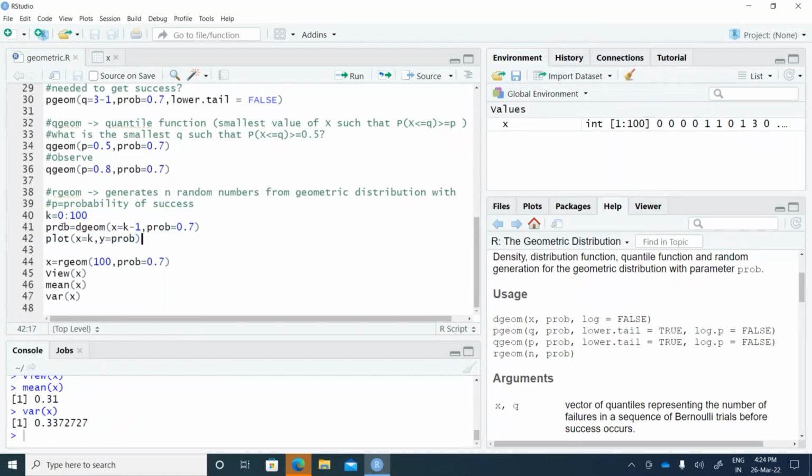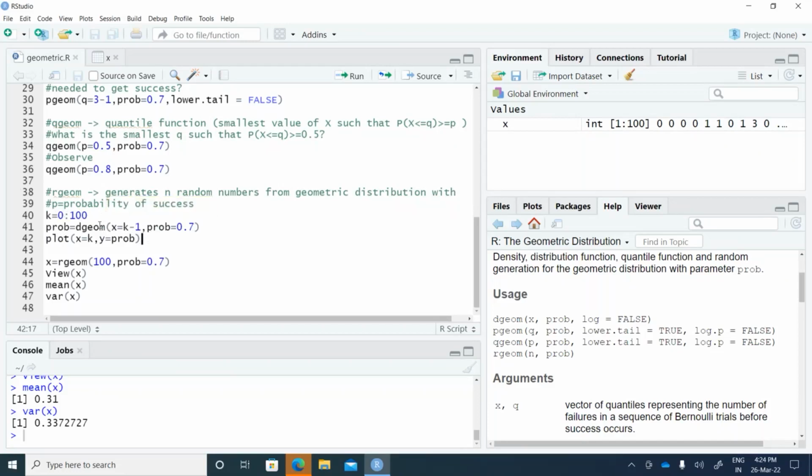Suppose taking again 100 data points, 0 to 100. They are actually 101, but anyway, in dgeom, if I'm trying to get the probability distribution, x would be taking k minus 1 value with probability equal to 0.7. This is the syntax for dgeom. And let us try to plot k versus the probabilities.